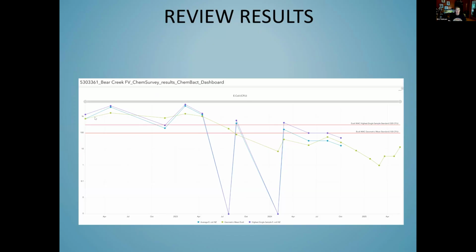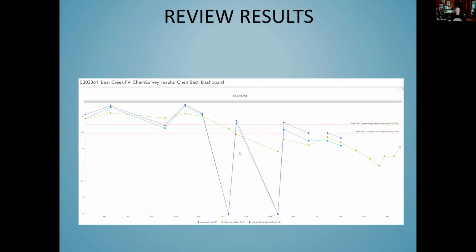So in this case, you could see for this site, the geometric mean line has been above 100. Here's the 100 line for the standard, but sometimes it's below. So after a certain period of monitoring this particular site, the geometric mean is within standard.